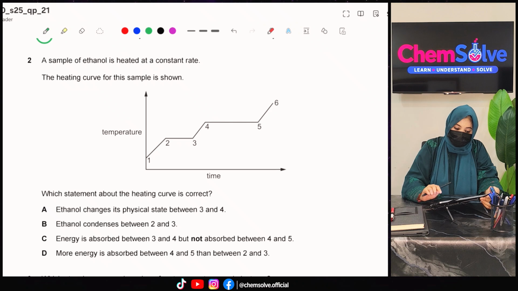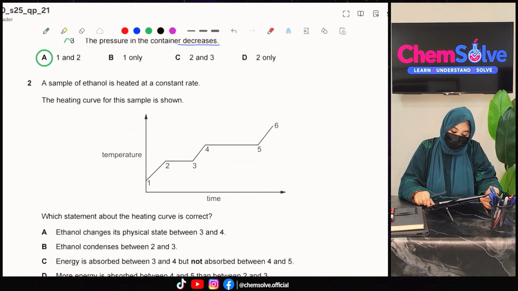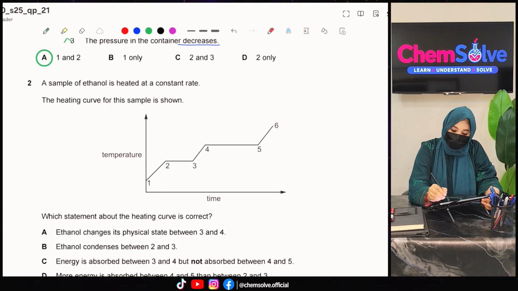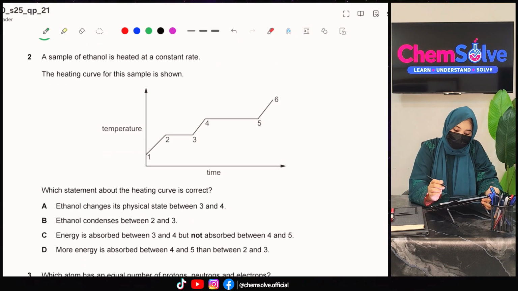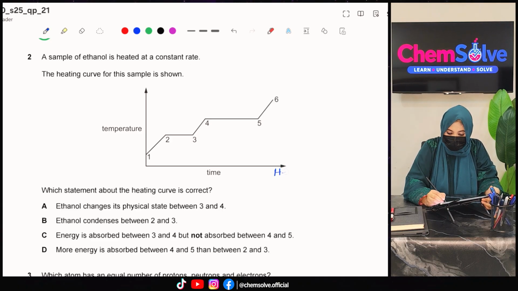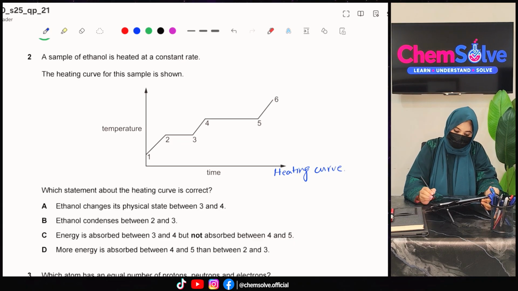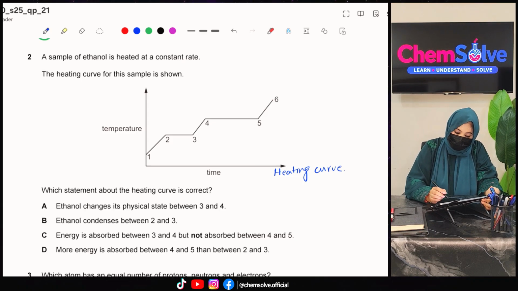Now move towards question number 2. For question number 2, a heating curve is given to you. Which statement about this heating curve is correct?